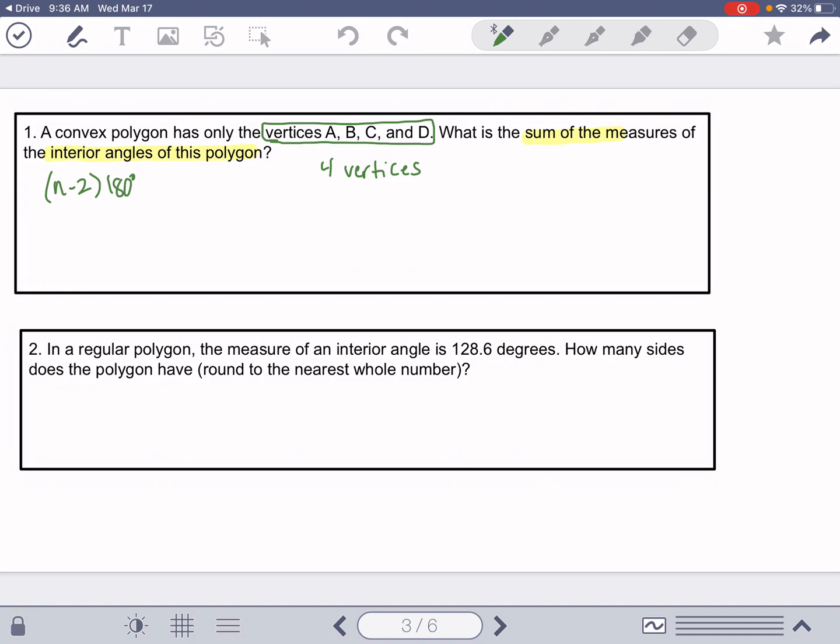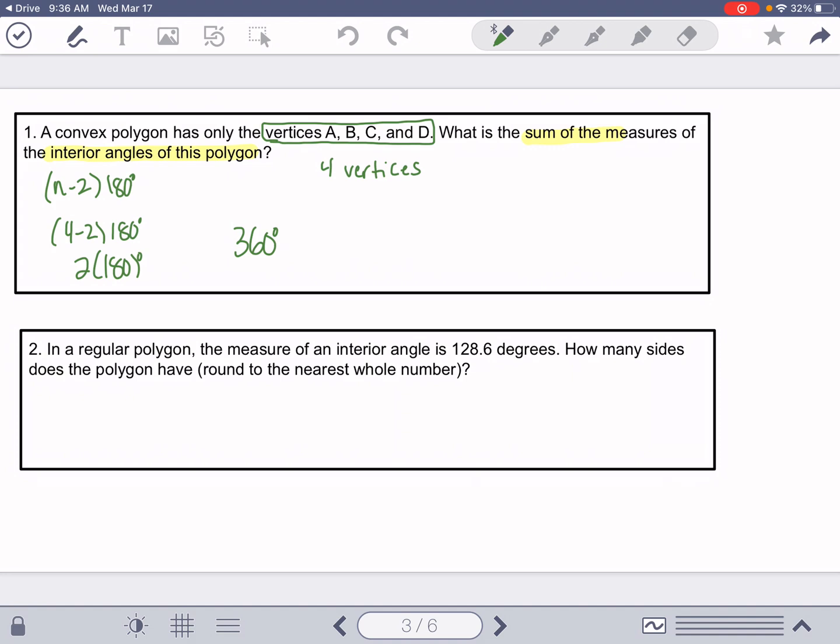So if this problem said vertices were A, B, C, D, and E, that would be 5, and I would use 5 for n. And this problem, I'm going to be using 4 because that's what I've got. 4 minus 2 times 180, that's going to be 2 times 180. I can do that in my head. That's going to be 360 degrees for the sum of the measures of that convex polygon.